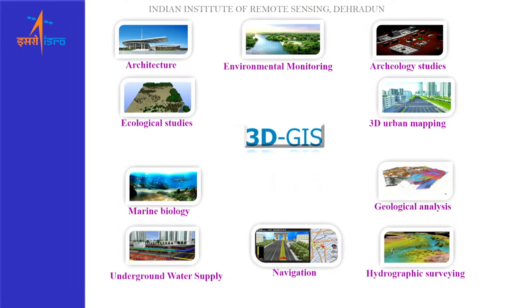A lot of people are also using it in ecological studies and architecture, and 3D GIS is quite widely used in architectural modeling and archaeological studies, especially for preserving different archaeological sites as 3D documents. Those are the areas where 3D GIS is being used.